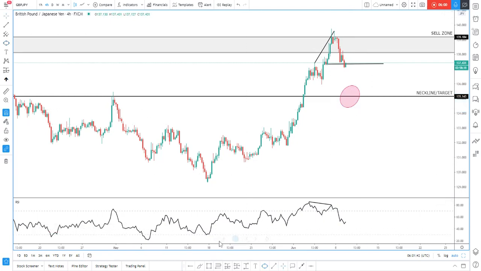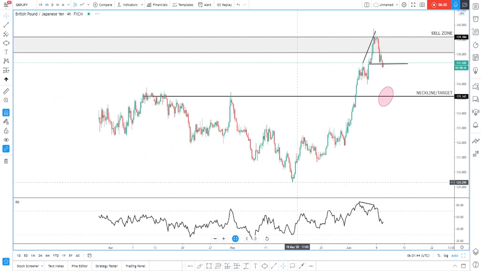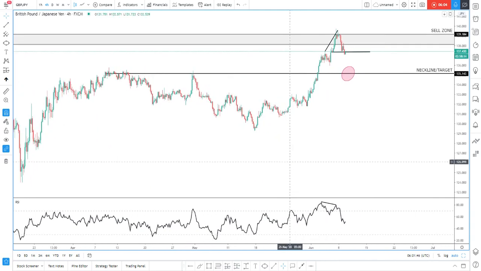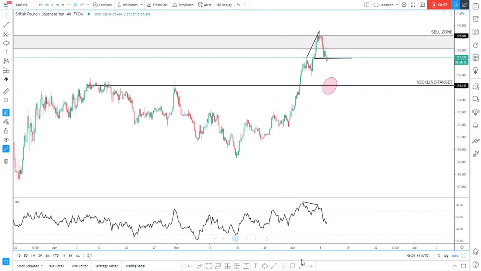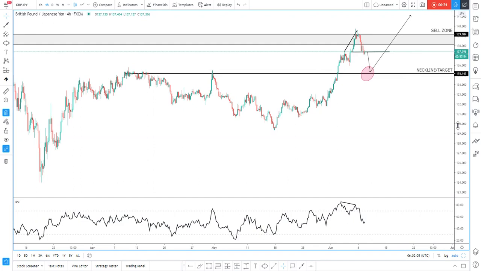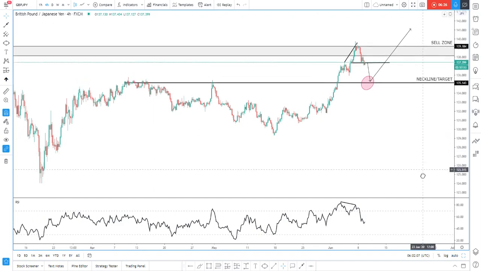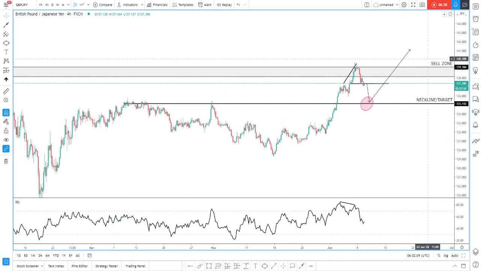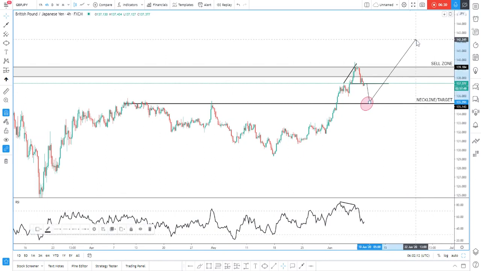So when it does sell off into the neckline, to be precise, this area here, I'll be looking for longs, a continuation to the upside to ride the major uptrend it has been moving in.